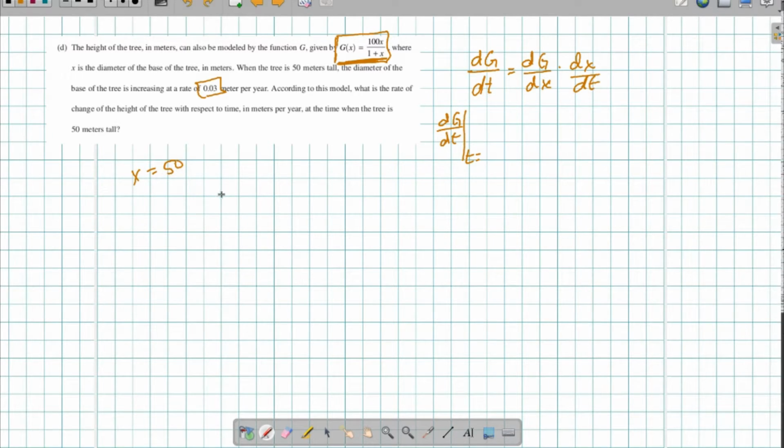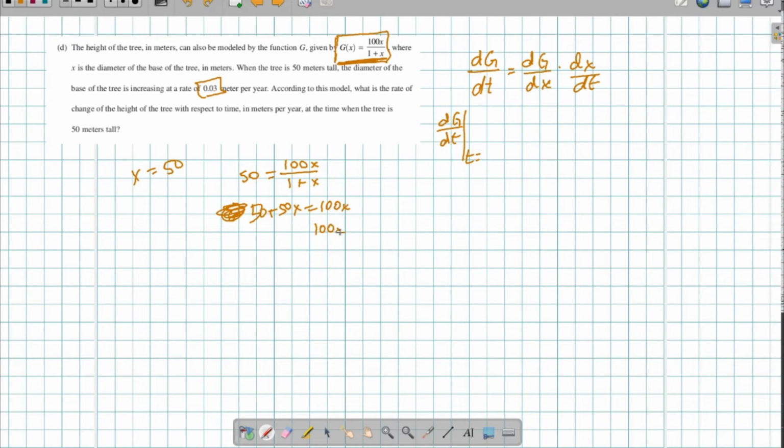So if my height is 50, then what I've got here is 50 equals 100x over 1 plus x. This is going to allow me to find out what my diameter is at that time. So I'm going to have 50 plus 50x equals 100x.